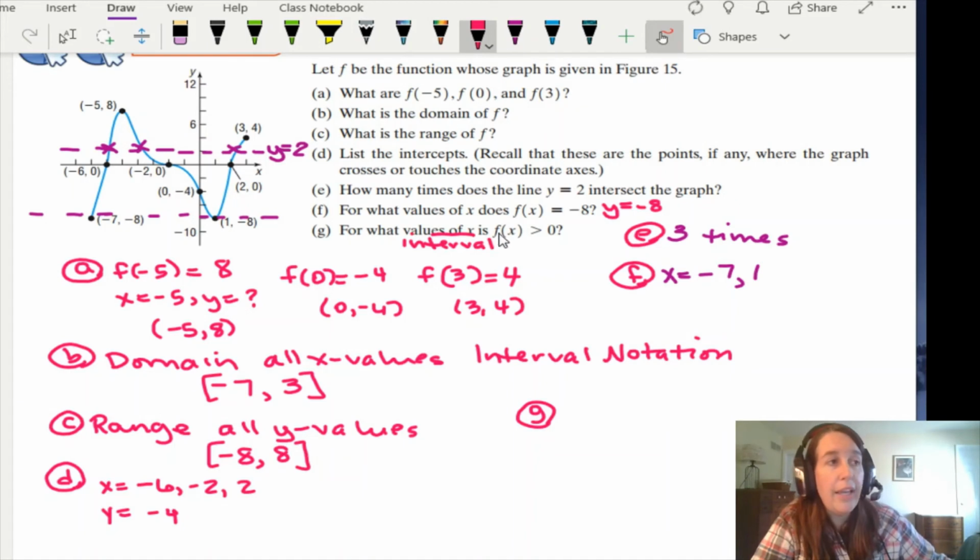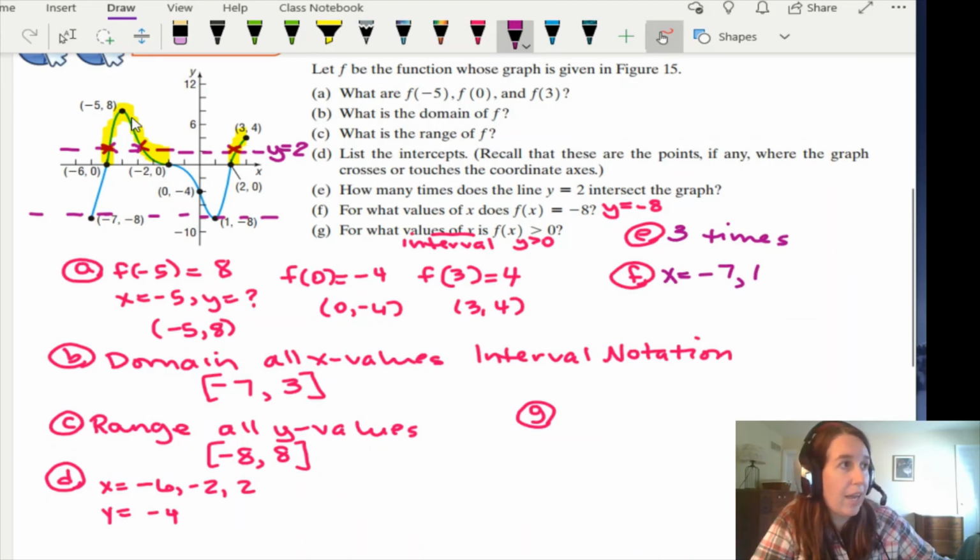Is f of x greater than 0? Okay, so in other words, y is greater than 0. The graph is above the x-axis. Okay, y is positive. You want to say those things to yourself to figure out what it's asking, because when you figure out what it's asking, it's actually not a hard question. It's just hard to understand what it's asking.